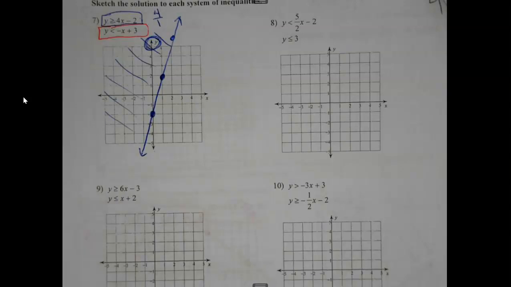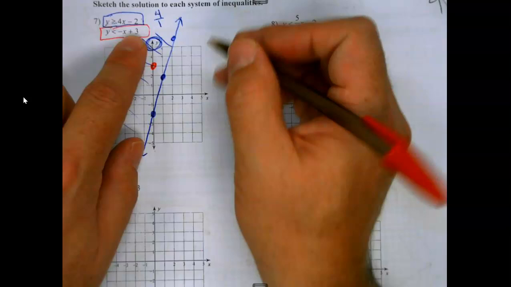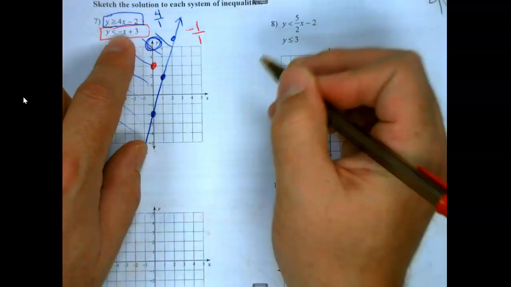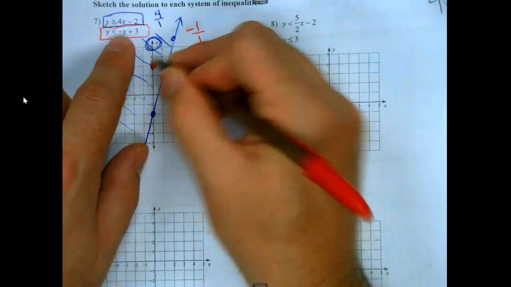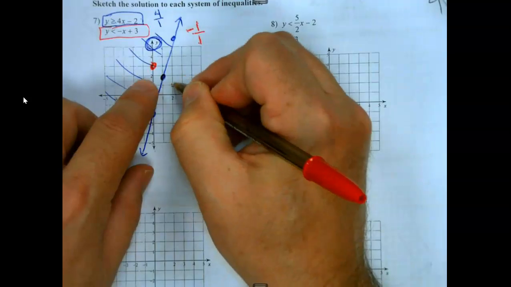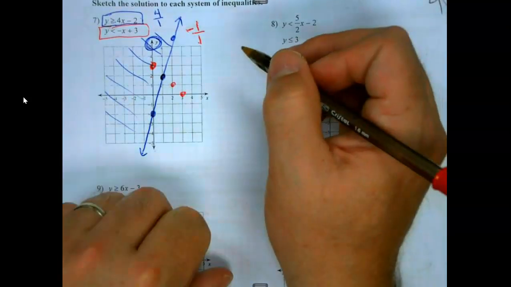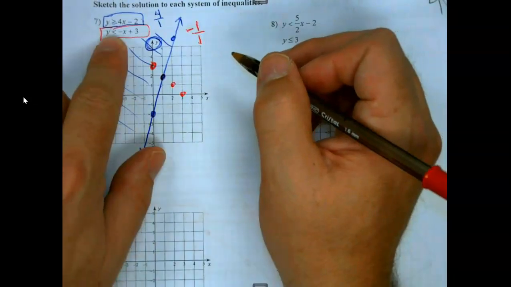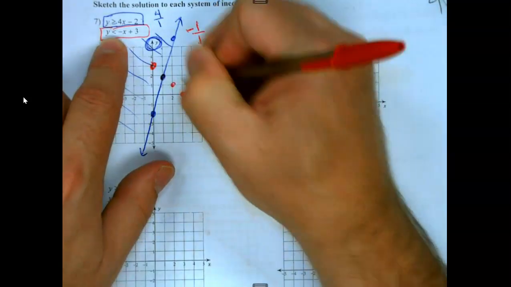The other one, my red, y-intercept at 3. My slope is -1 or -1/1. So we're going down 1 and right 1. Down and right, down and right. It's just less than. It's not less than or equal to.